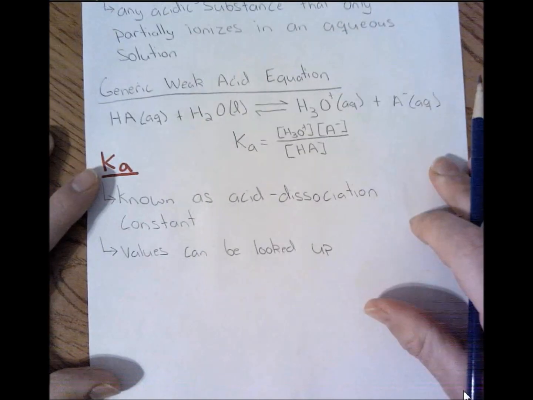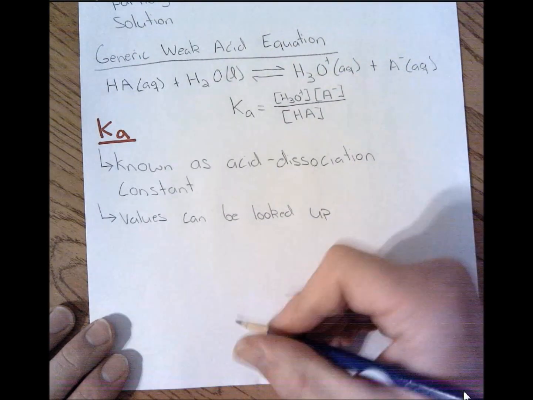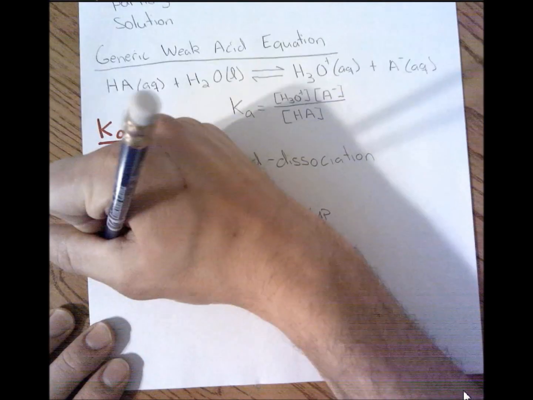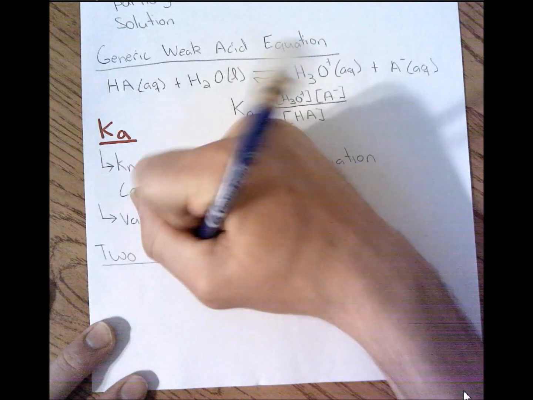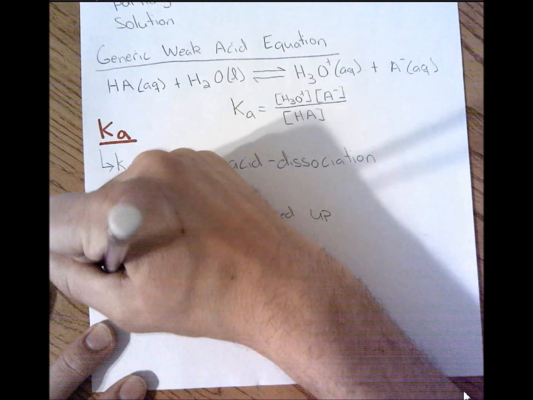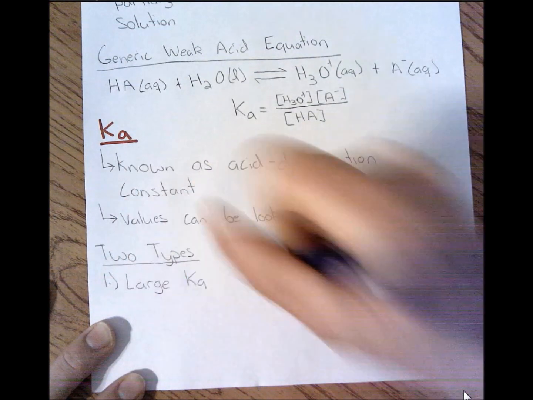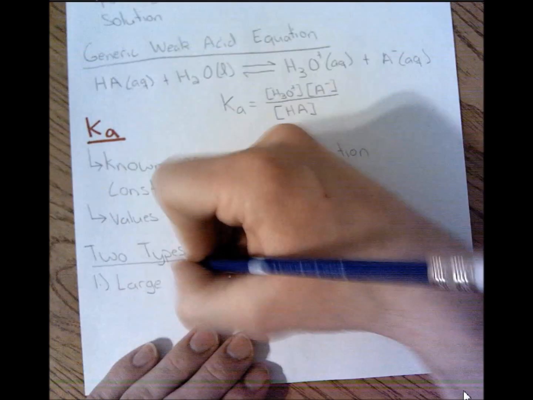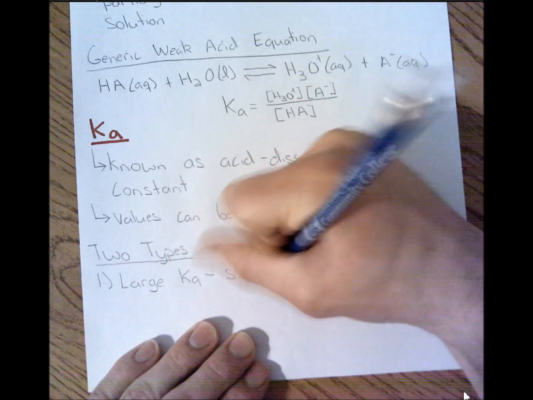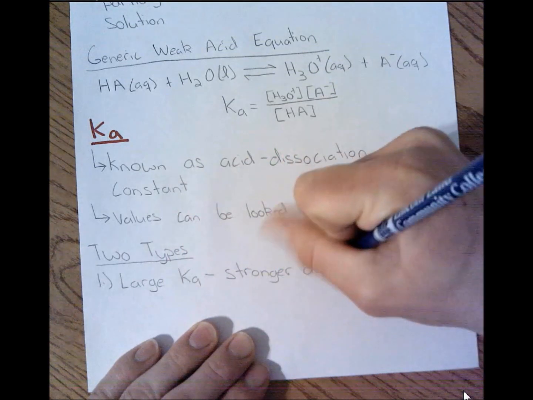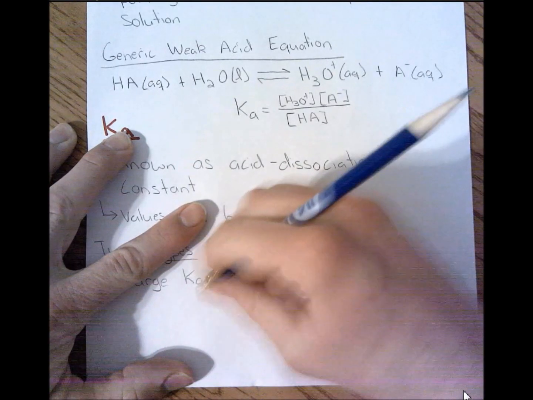The first generic type is a large Ka. What a large Ka means is a stronger acid. With a large Ka, we are going to have something that, I shouldn't say almost always dissociates, but it's going to dissociate very, very much.